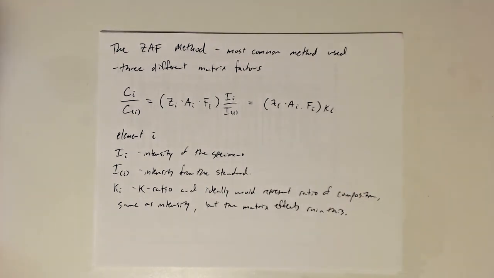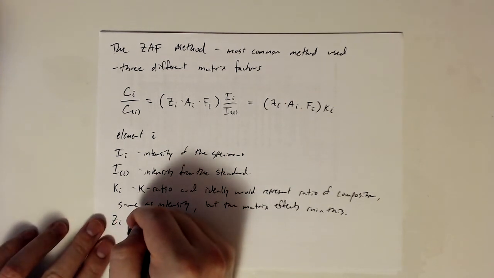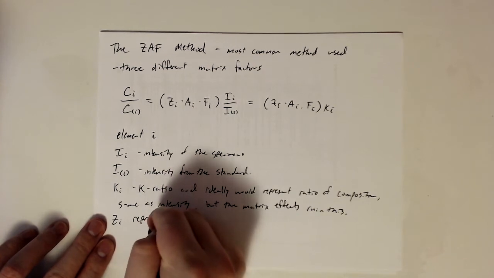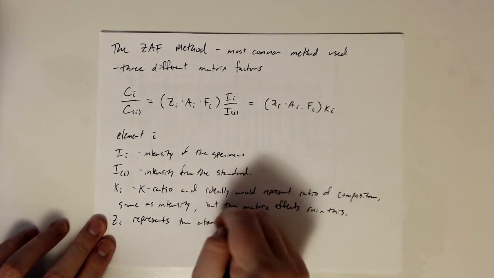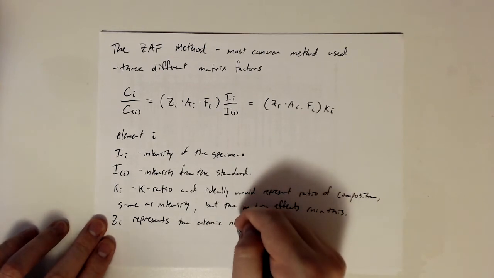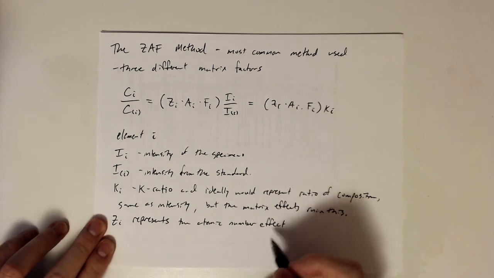All right, so let me go through the three matrix factors now. Z represents the atomic number effect.